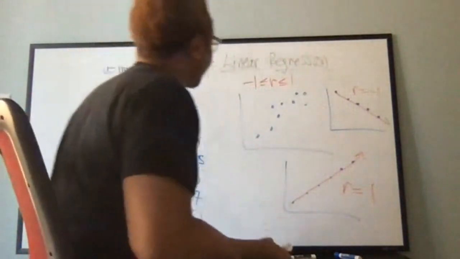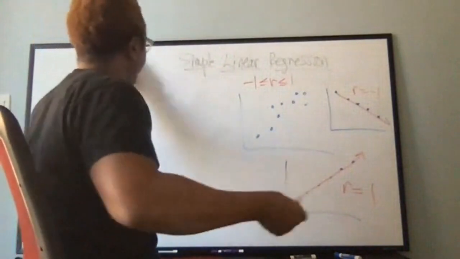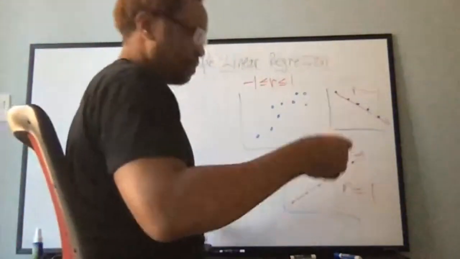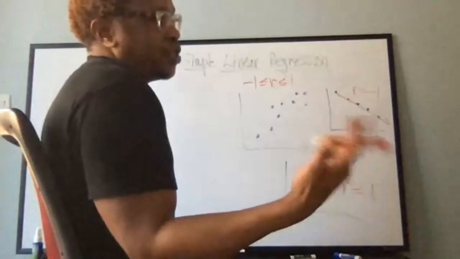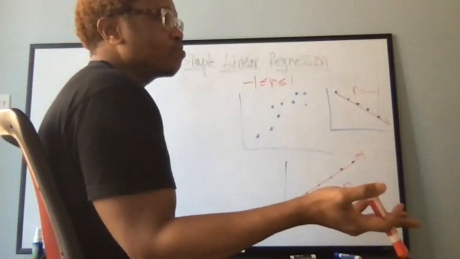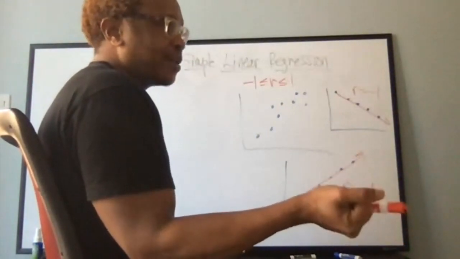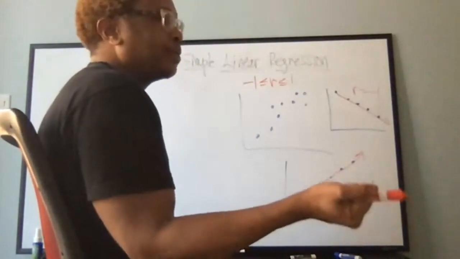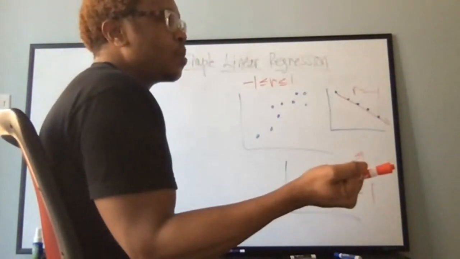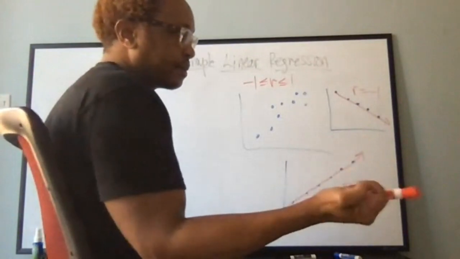Let's see, the coefficient. I think this is a problem on exam 2. I think I just asked you in general: if I give you a printout, which one of those values tells you whether your line is good at predicting or not?